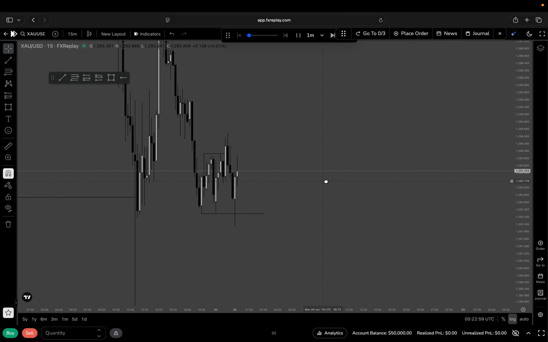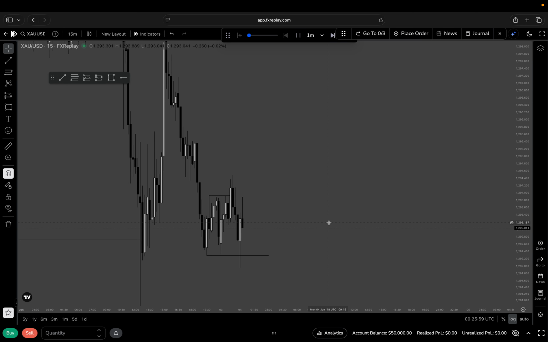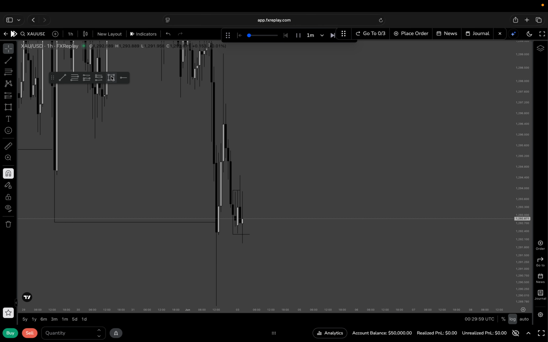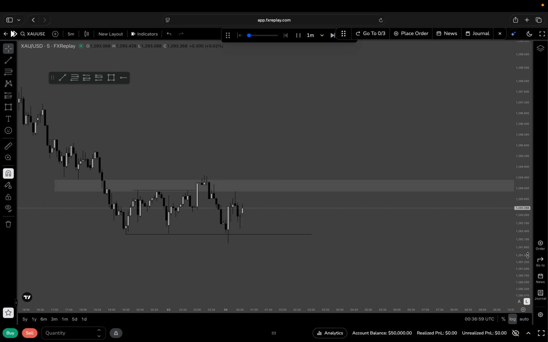So we sweep out these lows. Hourly time frame. Okay, we just hit this hourly gap. Makes sense.